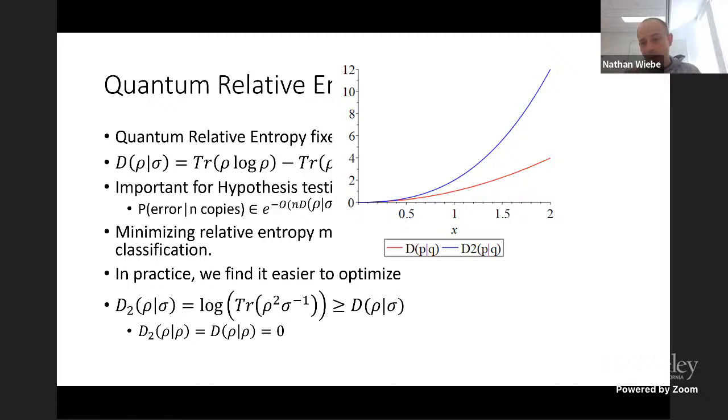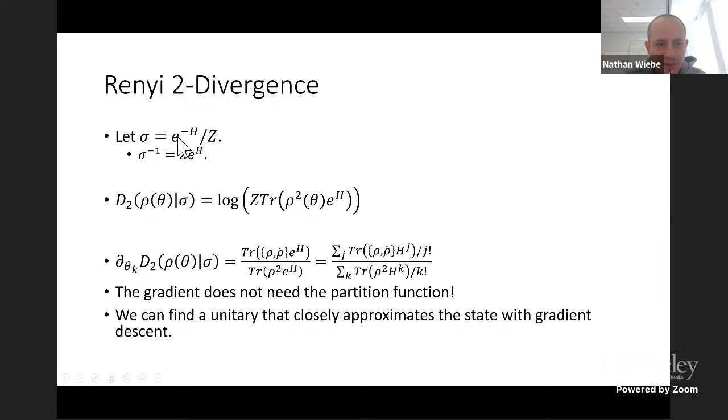If you take a look at our full paper on this, we show a polynomial method that was used in some LCU based approaches to linear systems algorithms, and we can use that to approximate sigma inverse for a generic state. It's cumbersome and it's expensive. But for Gibbs states, sigma inverse is trivial to express because sigma is e to the minus H over Z. So sigma inverse is just Z times e to the H.